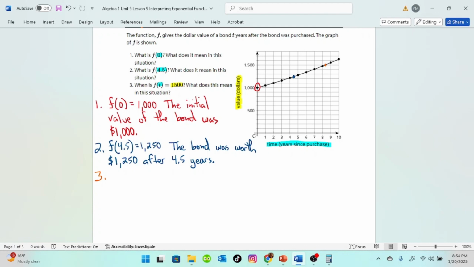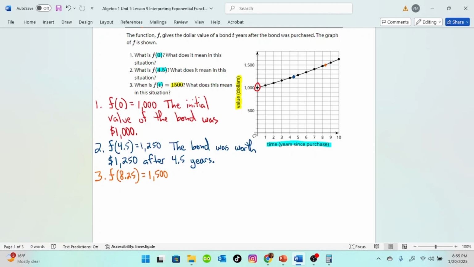So I would say f of 8.25 equals 1,500, because we do appear to be just below the line for 1,500 when we're exactly on 8 years. So it looks like we're just a little bit past it.